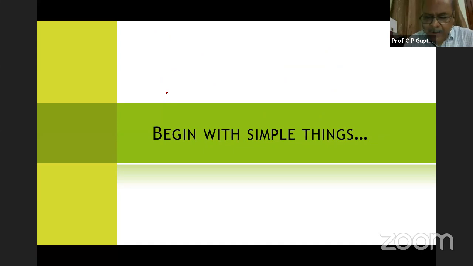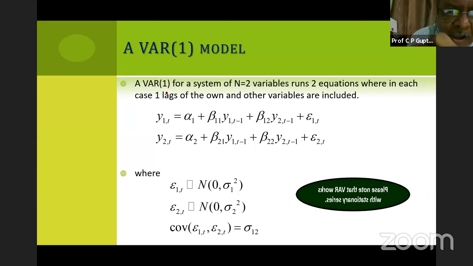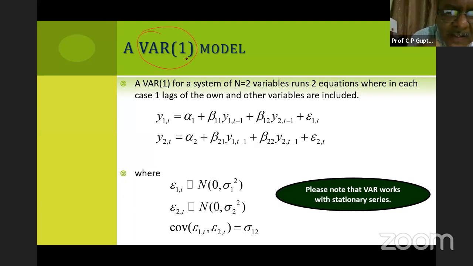Let's begin with simple things. Two variables, 1 lag, which we call VAR(1). So with two variables, run two equations where in each case one lag of its own and of the other variable is included.